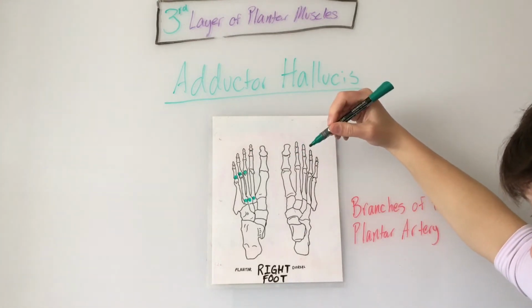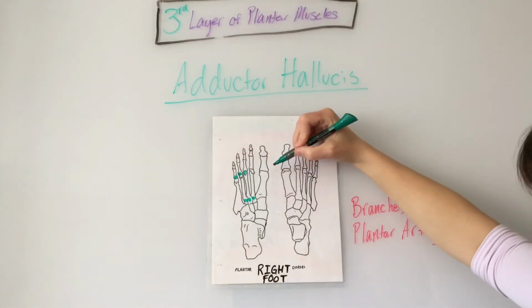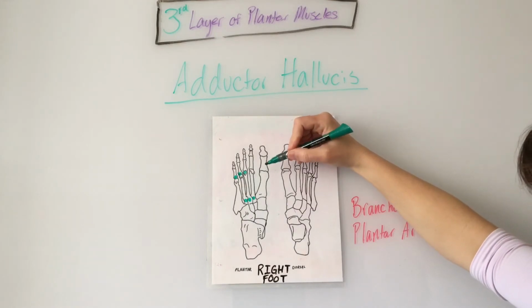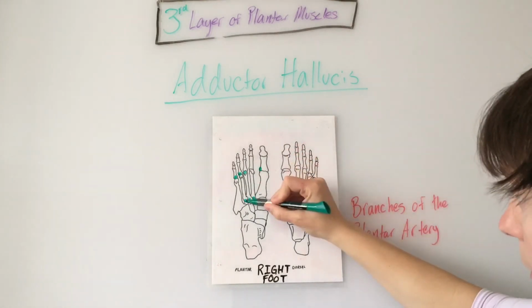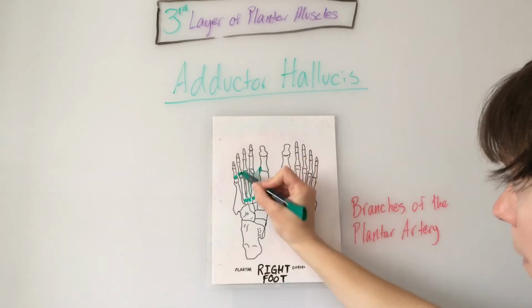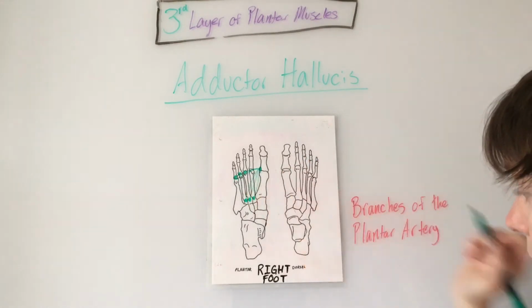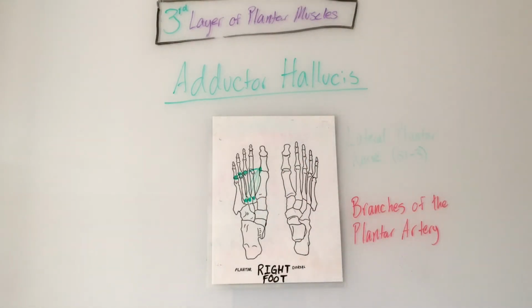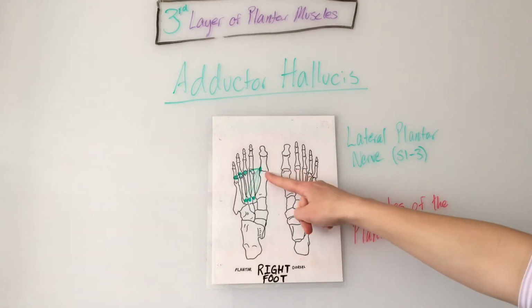These two heads insert on the lateral side of the proximal phalanx of the hallux and the lateral sesamoid bone. It is innervated by the lateral plantar nerve S1 through 3 and blood supply provided by the branches of the plantar artery. The adductor hallucis, as its name describes, has the action of adduction of the great toe.